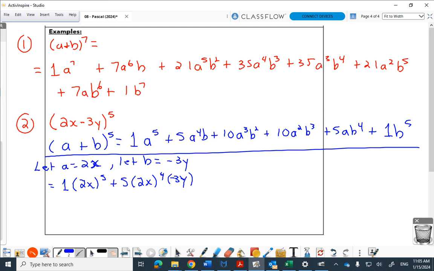Then a 10, 2x cubed and a negative 3y squared. And another 10, 2x squared, negative 3y cubed. And then 5, 2x, negative 3y to the fourth. And then finally, negative 3y to the fifth.